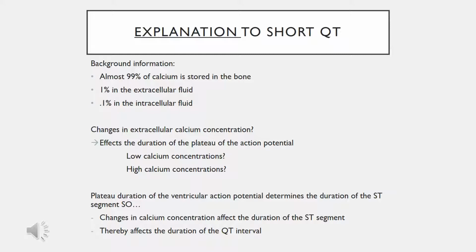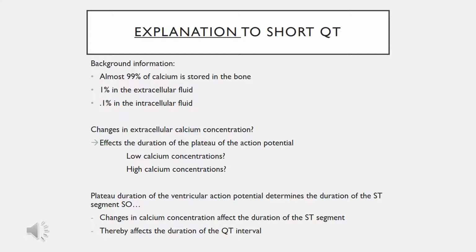If extracellular calcium concentration changes, it will affect the duration of the plateau of the action potential. If calcium concentrations are too low, we will see the duration of that plateau actually increase. If calcium concentrations become too high, like we see in hypercalcemia, we will see the duration of that plateau decrease or shorten.